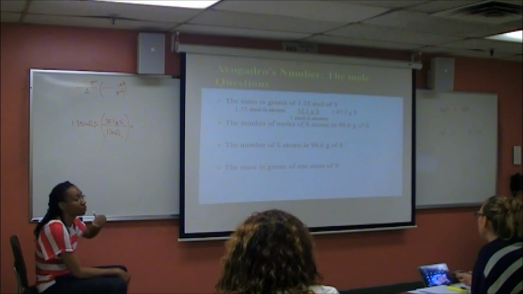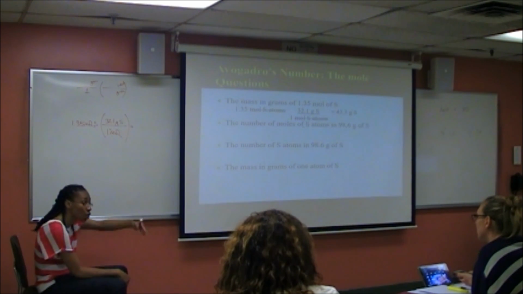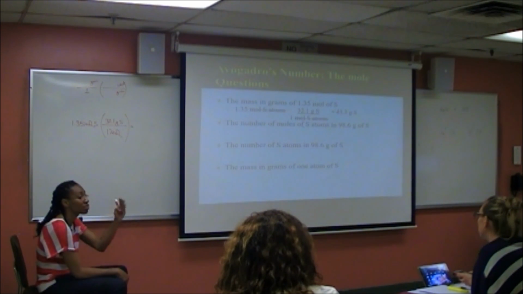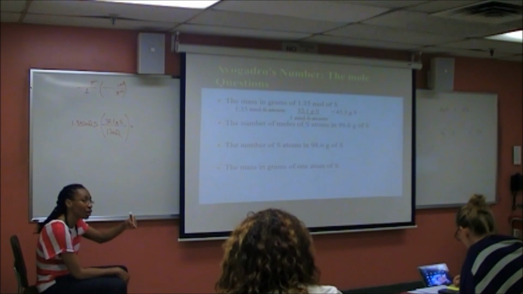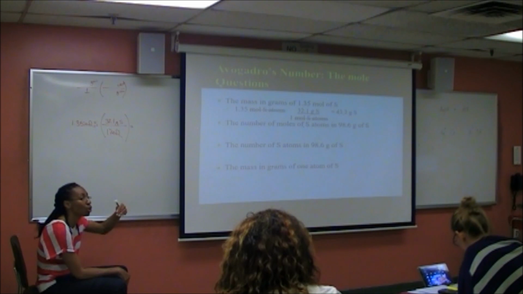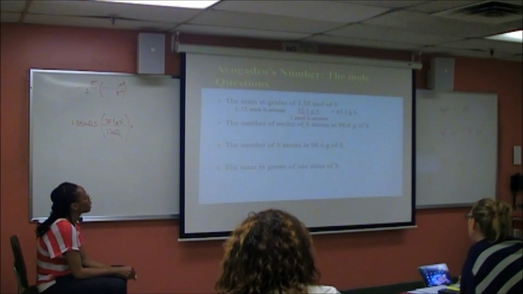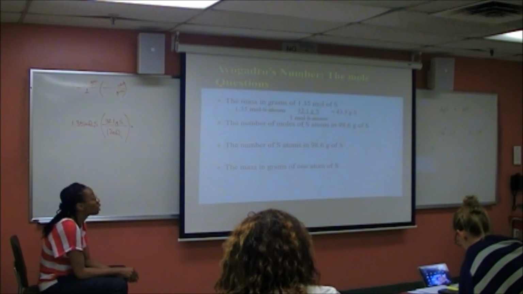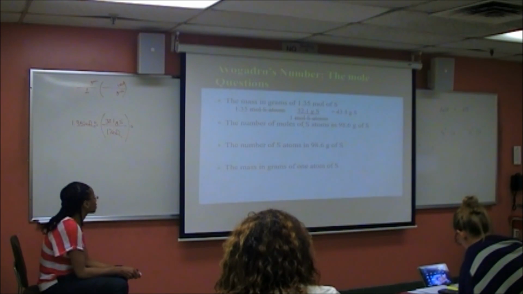You write out the fact that it's sulfur, the grams of sulfur that you're working with. It will get easier once we do it more often. So what's the next one? The number of moles, calculate the number of moles of sulfur atoms in 98.6 grams of sulfur.